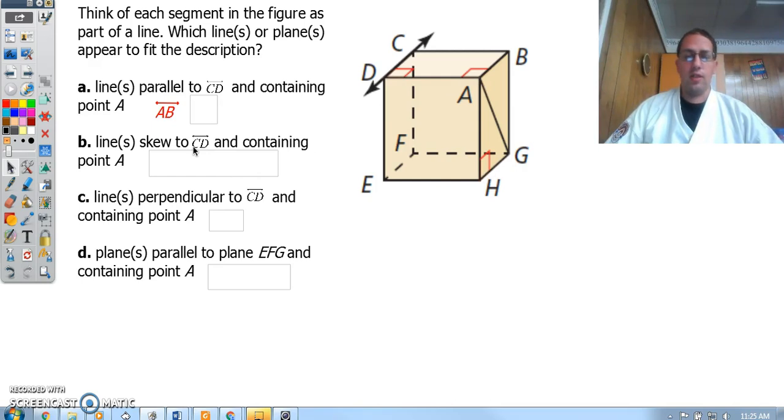Lines skew to CD containing point A. These are lines that will never intersect line CD, but they are not parallel, and there is more than one of those. We have these: line AH, line AG. Not line AB because it's parallel.